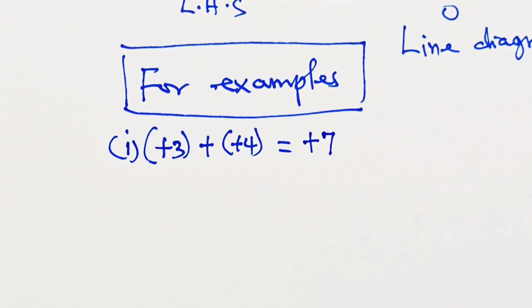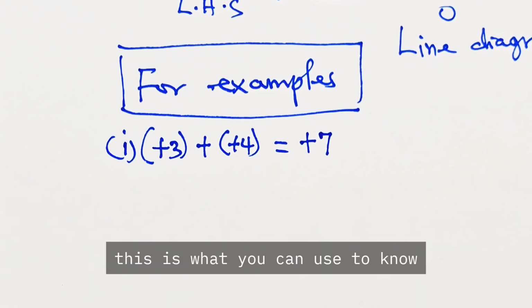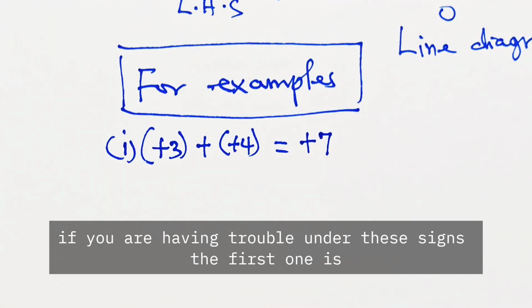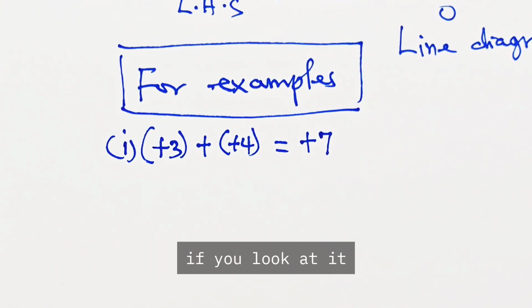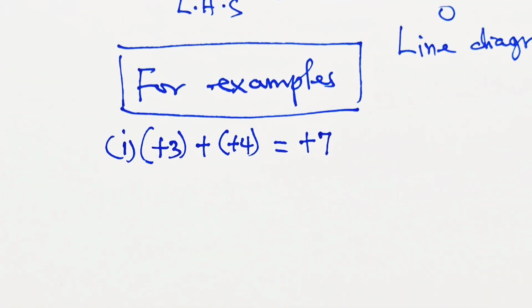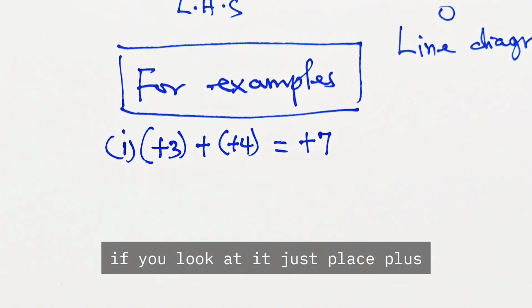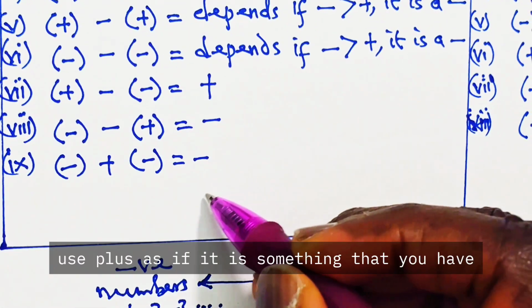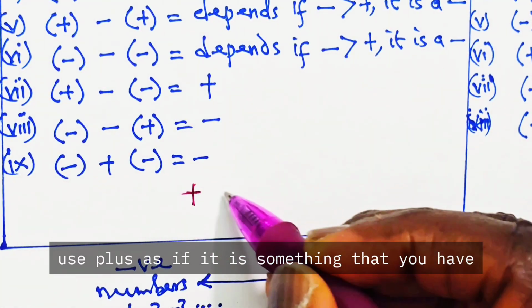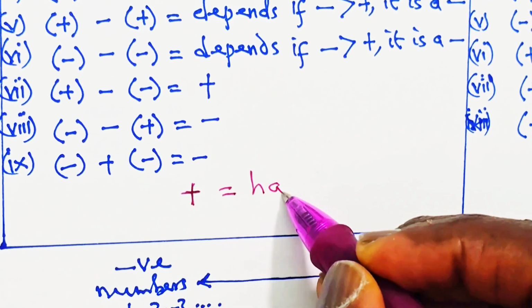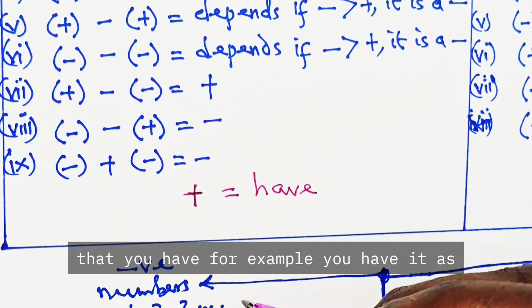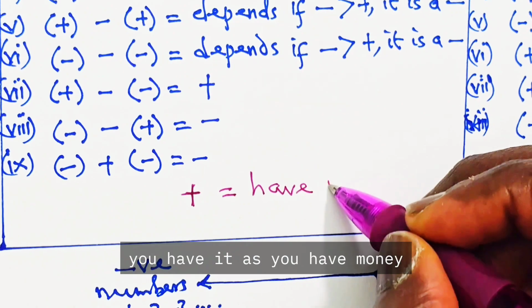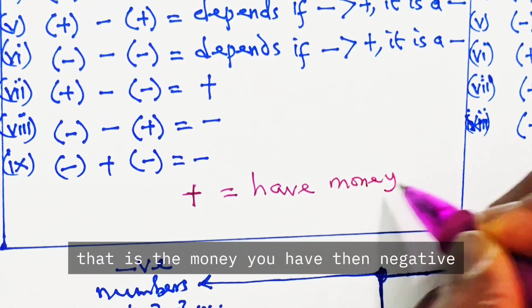This is what you can use if you are having trouble with these signs. Use plus as if it is something that you have, for example, money that you have.